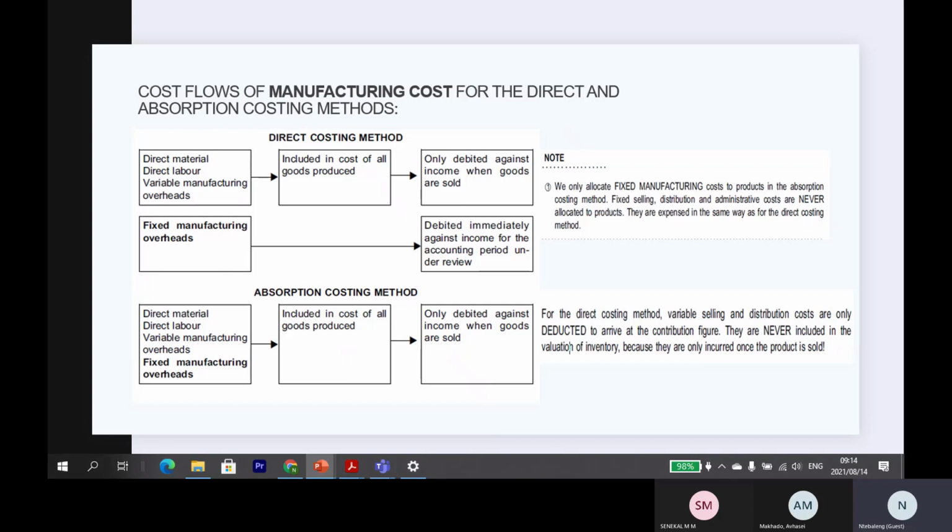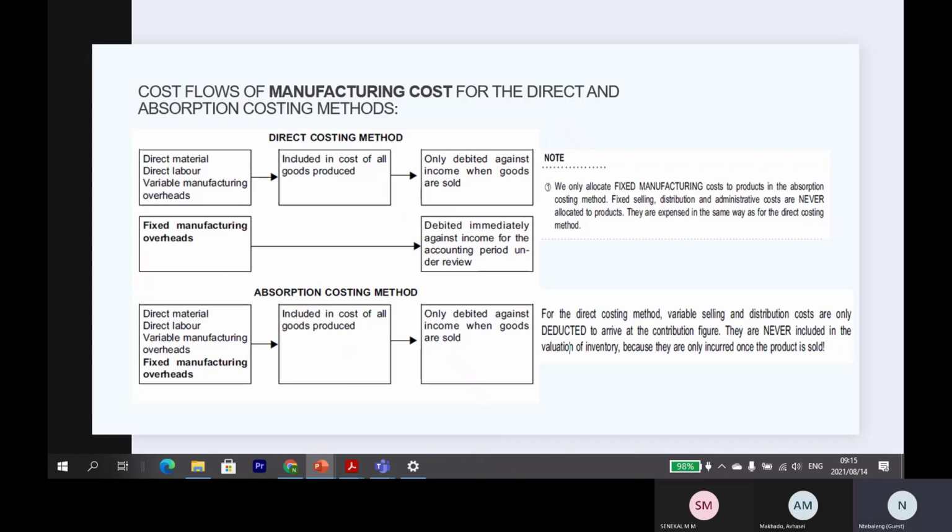Side note, we only allocate your fixed manufacturing cost to products in the absorption costing method. Your fixed selling, distribution, and admin costs are never allocated because they're not part of your manufacturing. They are expensed the same way that it's done in your direct costing method.